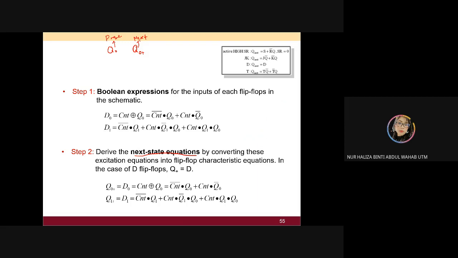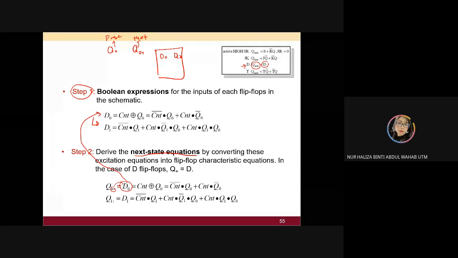So now for step 1, you already did this. But if you still remember, Q next for your D flip-flop is going to be similar to D. That's why your Q0 plus will be similar to D0. So what is your D0? Your D0 is here.